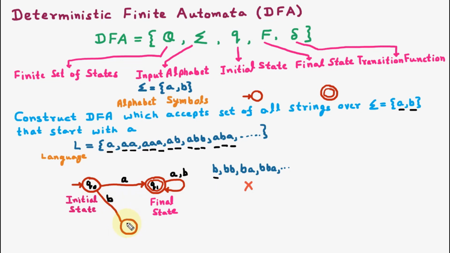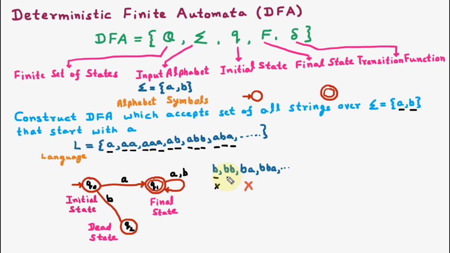Let us suppose the name given to this state is Q2. This is the dead state, because from this state we cannot move further, and this is not even a final state. So here the DFA will halt and the string will not be accepted. So this B is not accepted by this DFA.